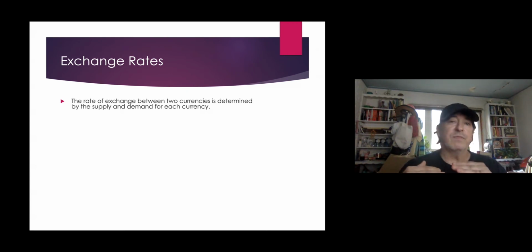On the other hand, if the supply of dollars goes down and the demand goes up, then the value of the dollar will go up compared to the yen. So the value of a currency depends upon how much people want that currency and how much currency is available to trade.